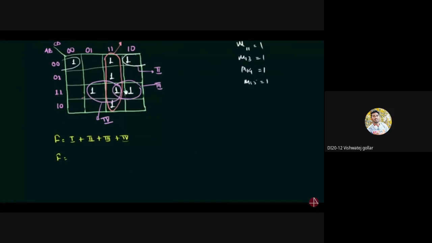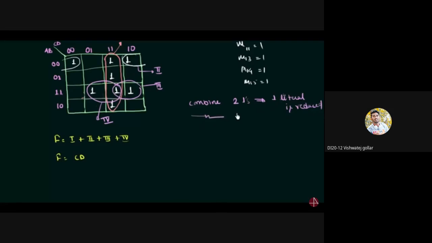Now the first is equal to CD, because CD is not changing in this group, whereas A and B are changing from 0 to 1 and 1 to 0 for these 4 ones. You also remember that when you combine 2 ones, 1 literal is reduced.